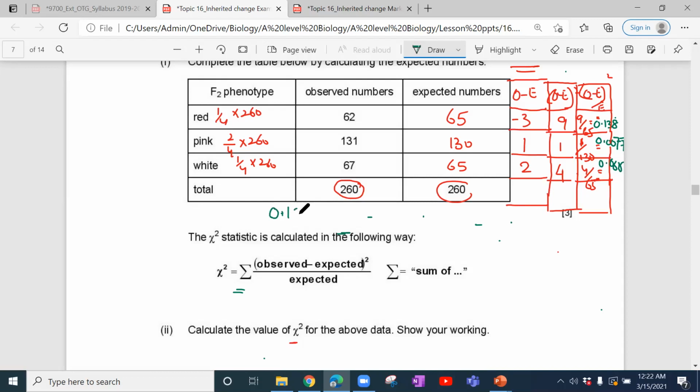So let's just add all these three. We have 0.138 plus 0.0077 plus 0.0615.